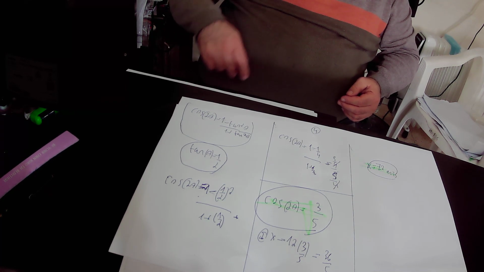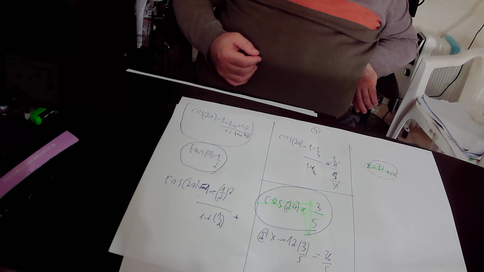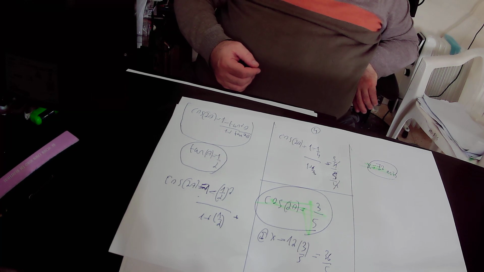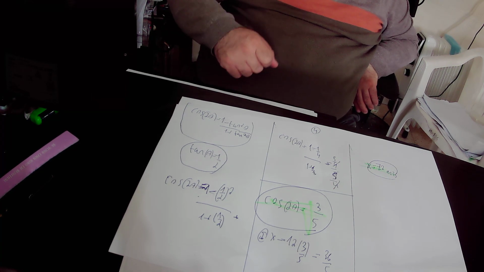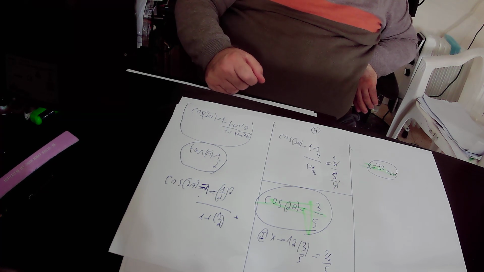We already found that tangent theta equals 1 half. That is to say, we can substitute tangent theta in the trigonometric identity by 1 half.